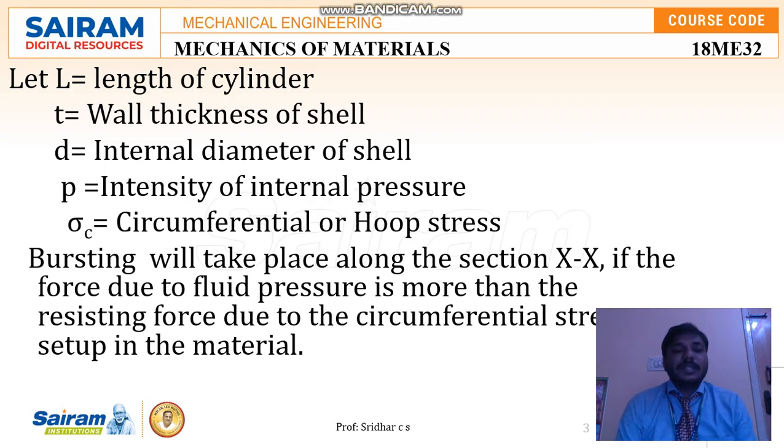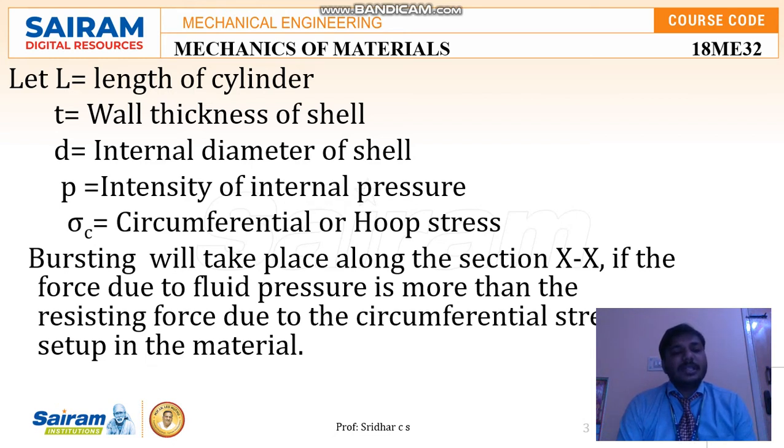It has to withstand that tensile load within the permissible limit, against all the pressure acting inside the cylinder. D is the internal diameter, and P is the intensity of the pressure, how much pressure has been created, and what the permissible limit of the cylinder is and how it can withstand it.